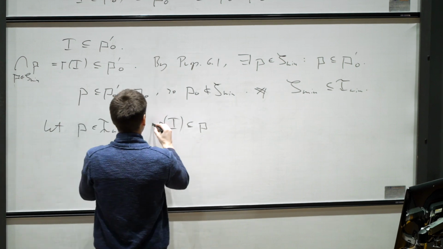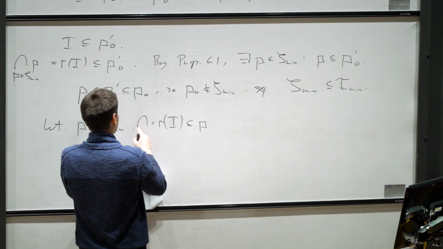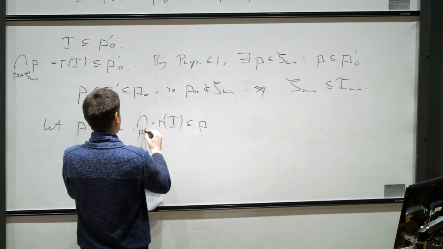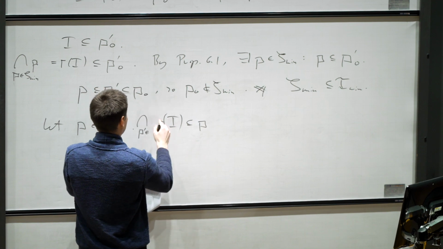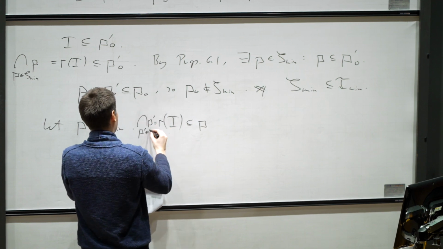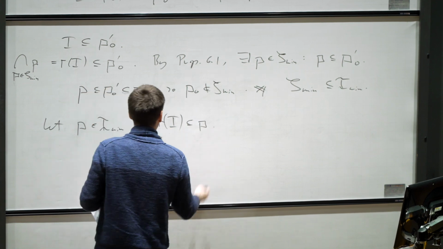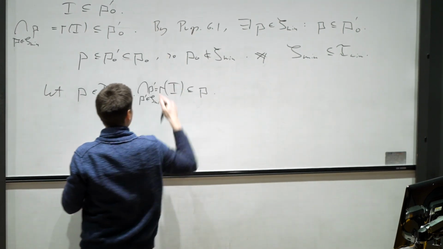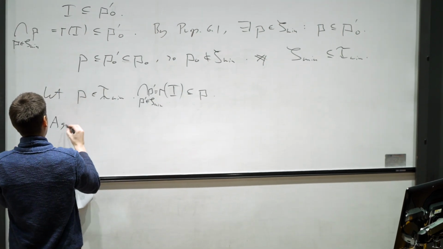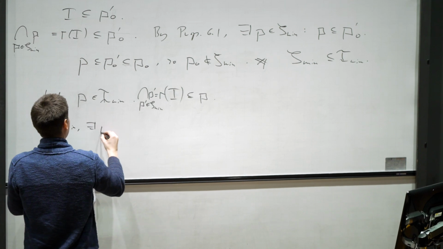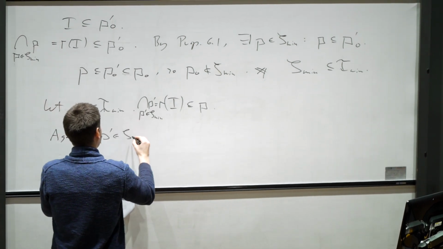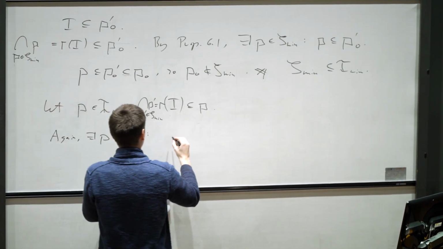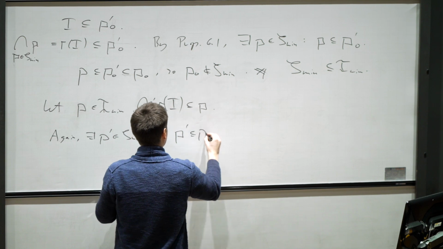This is again the intersection of all the primes, let's say P prime, in S min. So again there is a P prime in S min such that P prime is inside here.